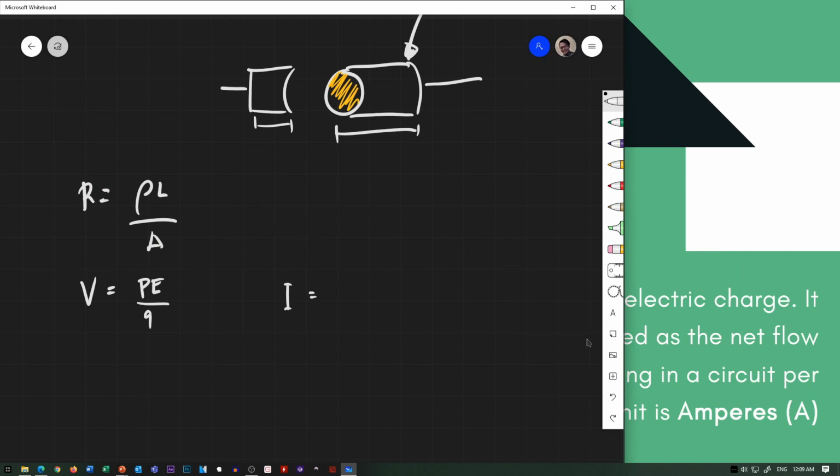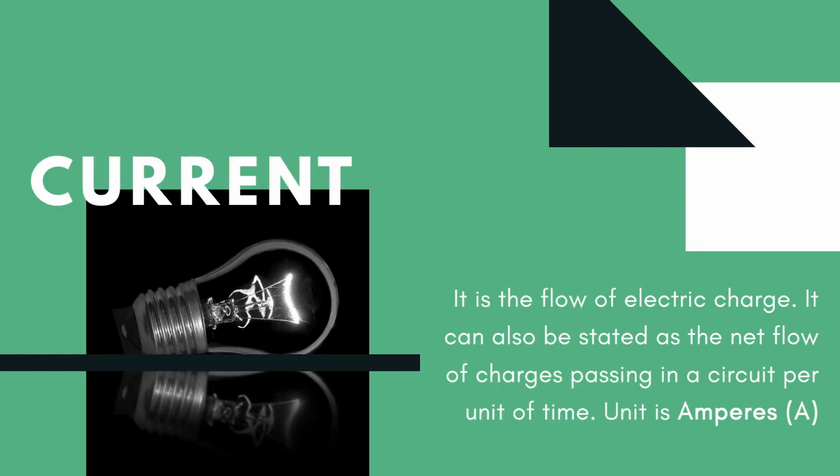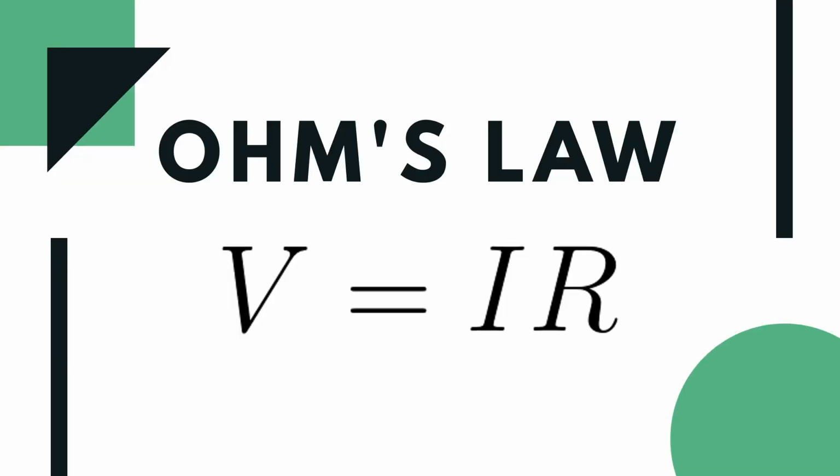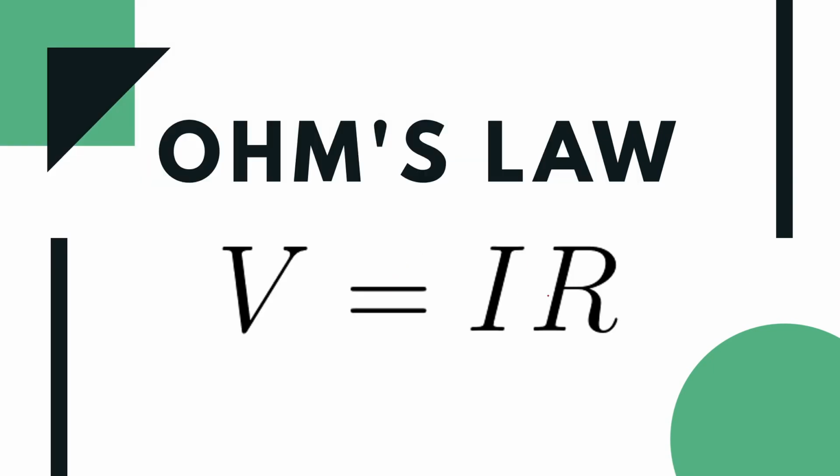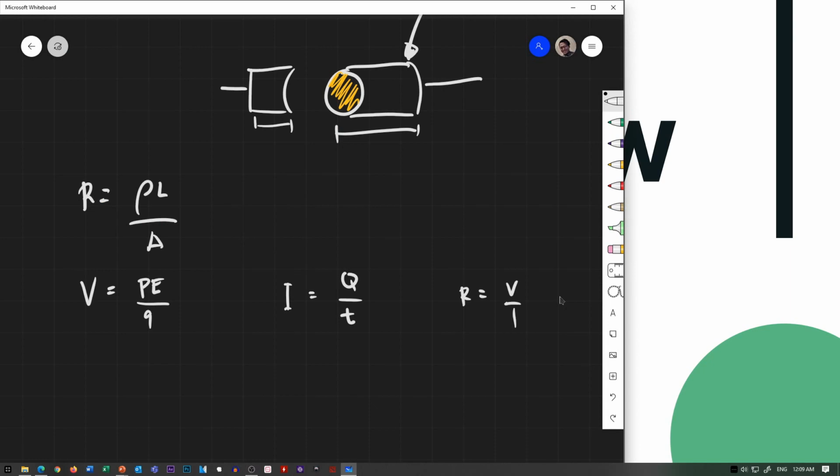So that means our formula for current is Q over T. Then lastly, of course, we have Ohm's law. Defining resistance utilizing Ohm's law will be R equal to V over I, or in this case V equal to IR.